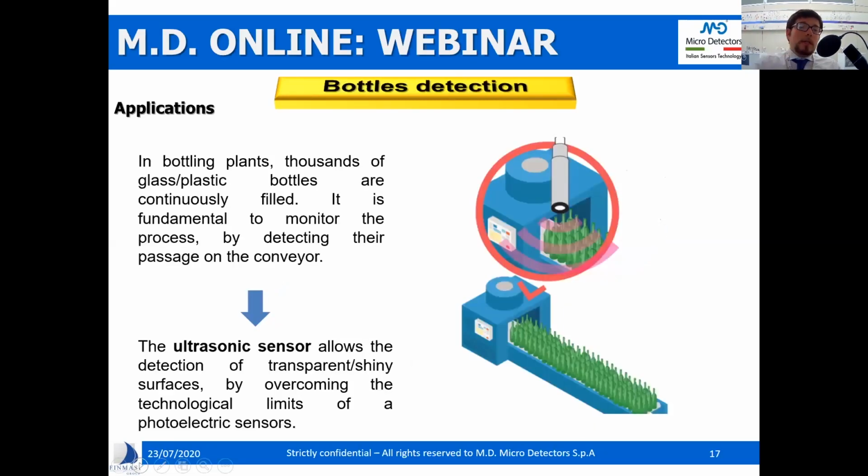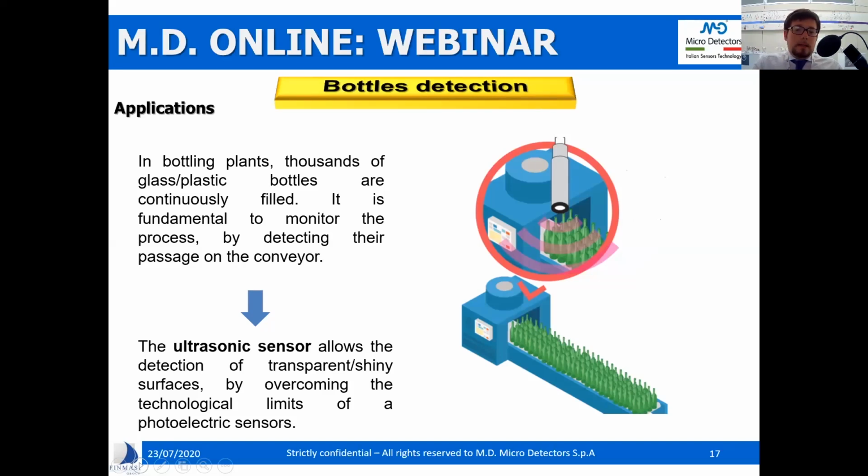Last but not least, in these bottling plants, we have solved the application related to the detection of bottles passing on this conveyor. Here we have some transparent materials, because we have glass or also plastic bottles.